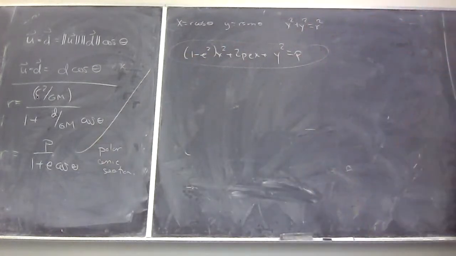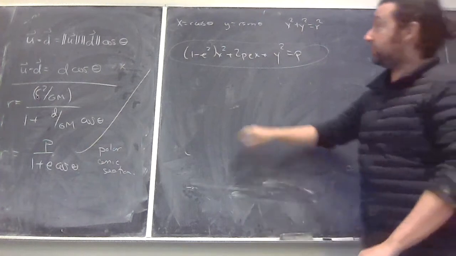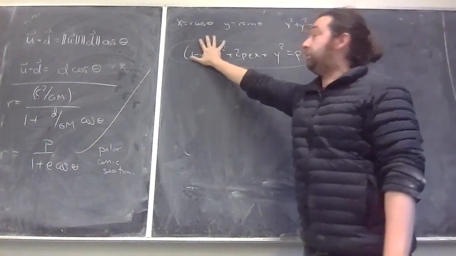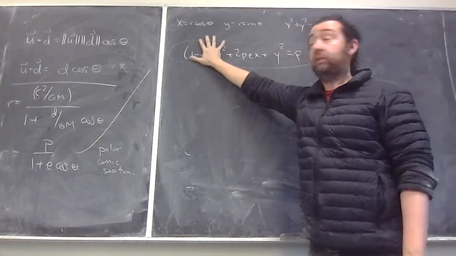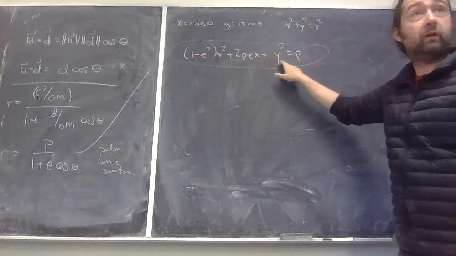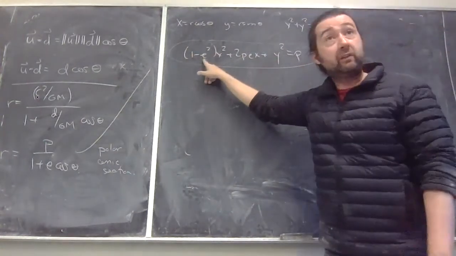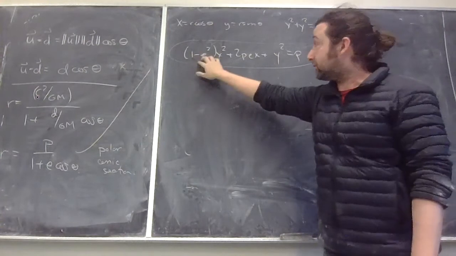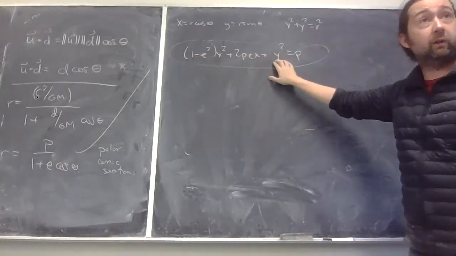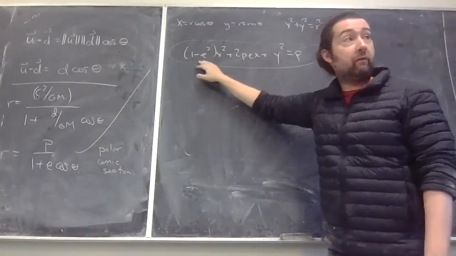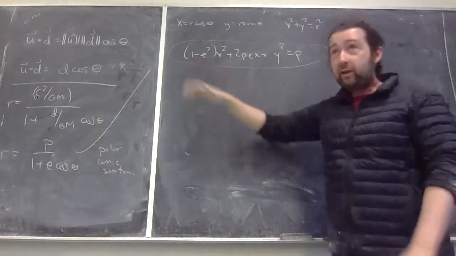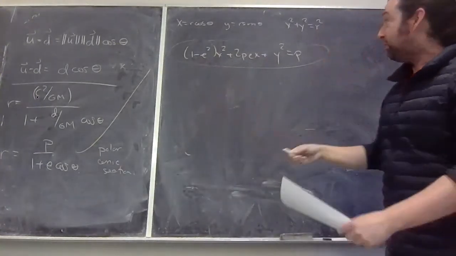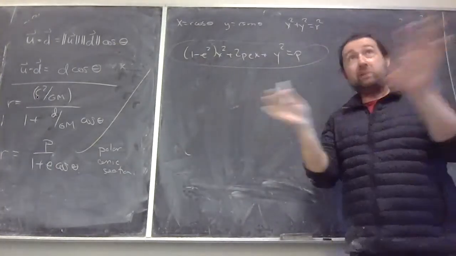Now this pretty clearly looks like a regular old conic section. If this term was not here, you would have a parabola because you'd have x plus y squared. If this term was positive, you have an ellipse because you have something x squared plus something y squared. And if this term was negative, you have a hyperbola. Remember, these guys didn't know anything about what E could be.